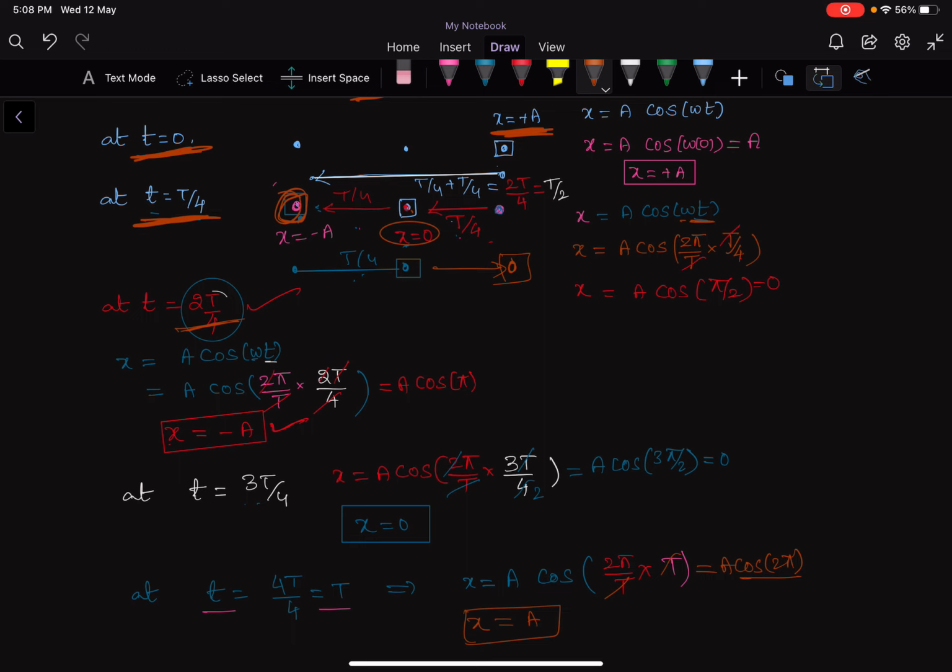And at t equal to 3T by 4 seconds, it was at mean position again. At t equal to 4T by 4, that means simply T, the particle comes back to positive extremum again. That means it has started its journey from positive extremum and come back to the same positive extremum after time period T.